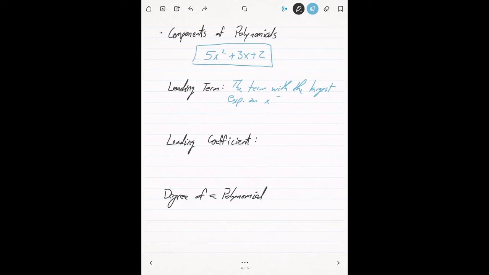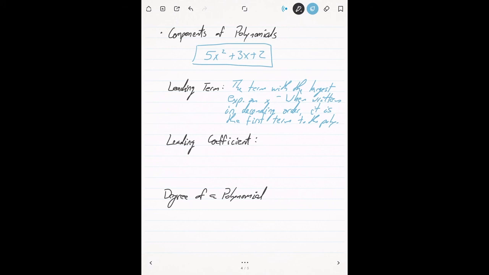Now, we call it the leading term because when written in descending order, it is the first term to the polynomial.